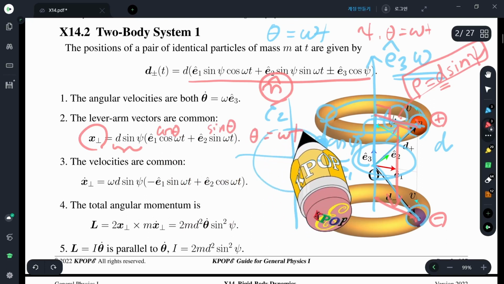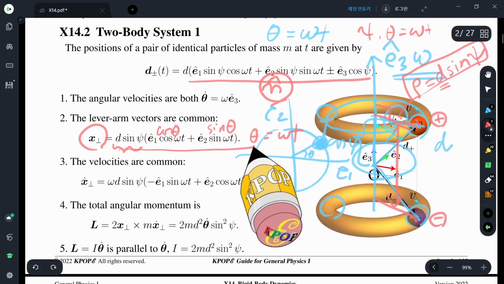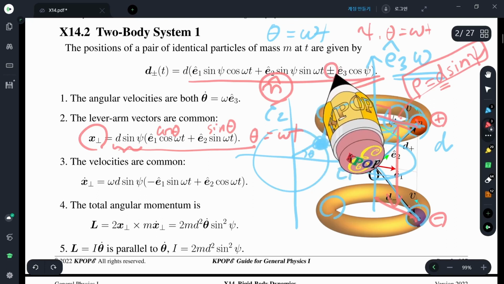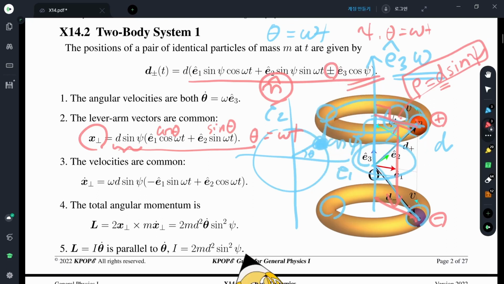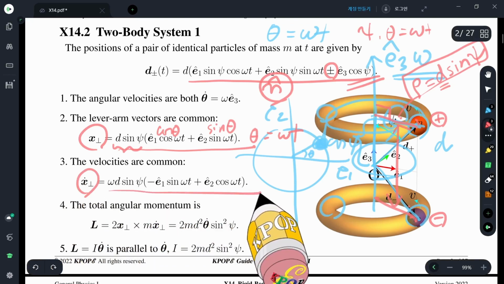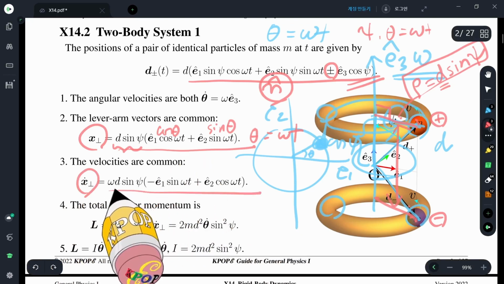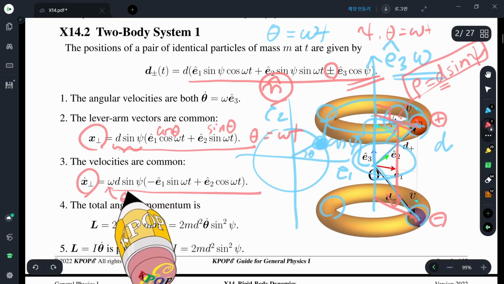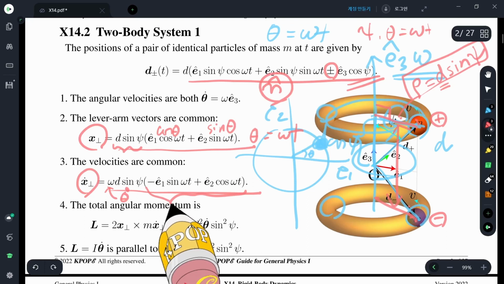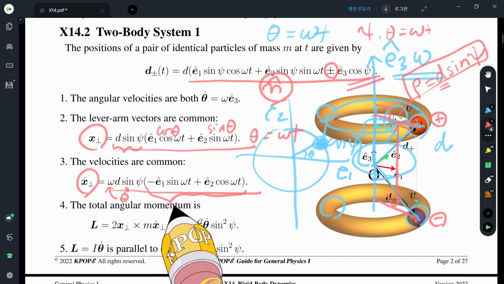The velocity depends on this term only because the z component is constant, plus minus constant. So the time derivative gives this contribution. We have angular velocity coming from the chain rule, and the unit vector is the planar tangential vector.